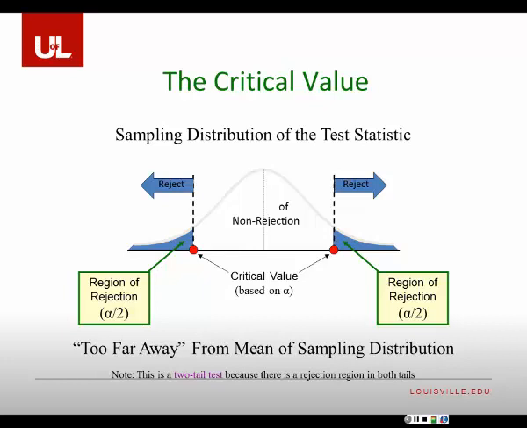So again, if you're a visual learner, I would always draw these pictures and I would highlight what the rejection region is. Right? The moment that your observed test statistic falls into the rejection region, you can reject the null hypothesis. If it sits inside of the white region, anywhere in here, then you fail to reject the null hypothesis. You don't have enough evidence to say the null hypothesis is false.